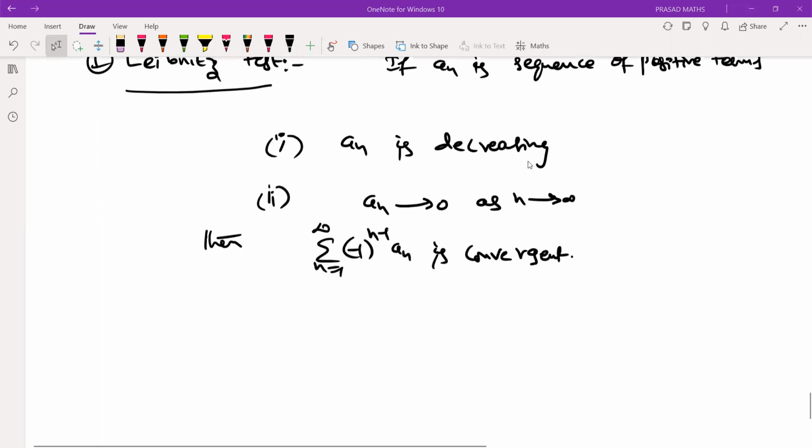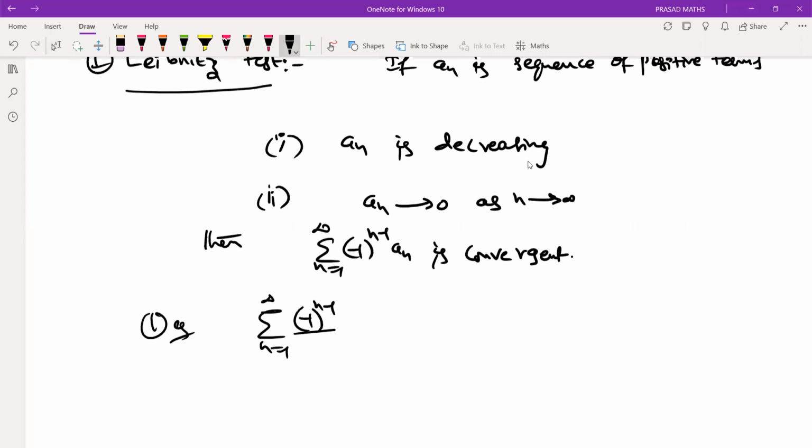So first one is such an example. Suppose you take the simplest example, summation of (-1)^(n-1) by n. So here my a_n is 1 by n, where n is any natural number. So clearly the first condition is satisfied: a_n is positive, because it is nothing but 1 by n.